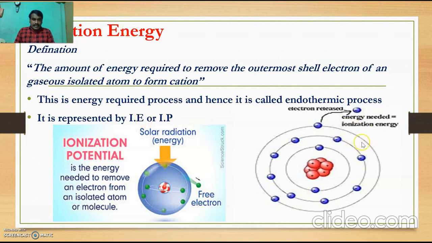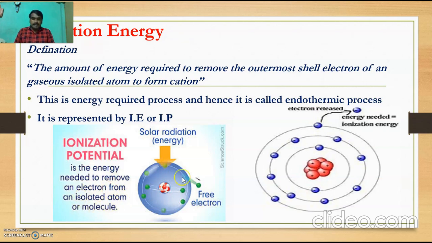So this diagram shows the valence shell electron, the nucleus, and the inner shell electrons. The energy needed to ionize or to remove the valence shell electron, that is this electron, is called ionization energy. In another way, the ionization potential is the energy needed to remove an electron from an isolated atom or molecule.